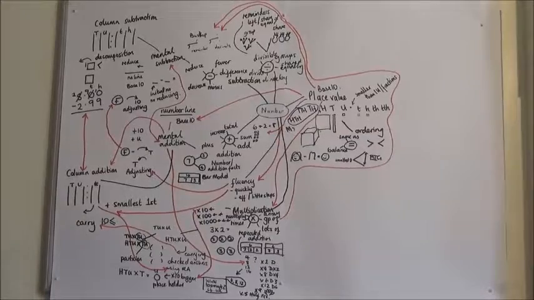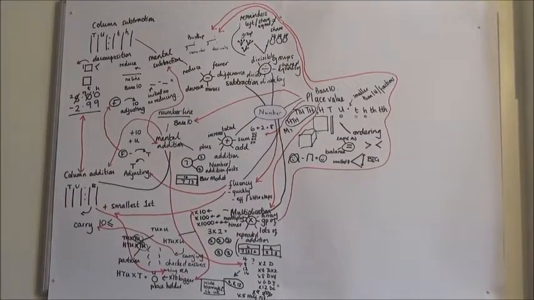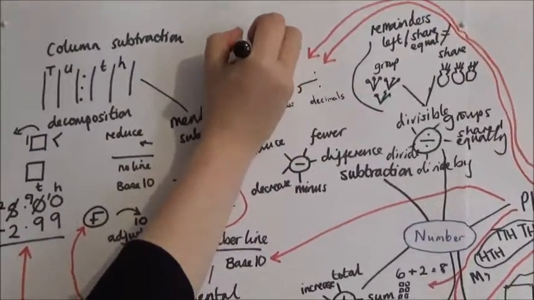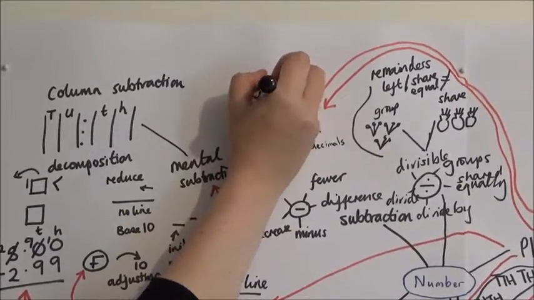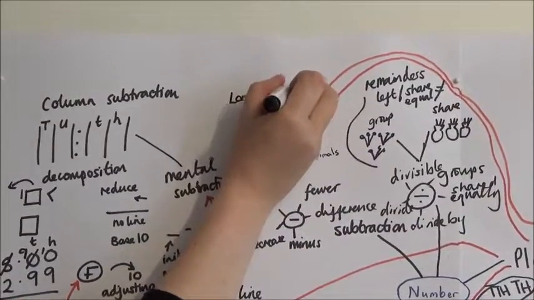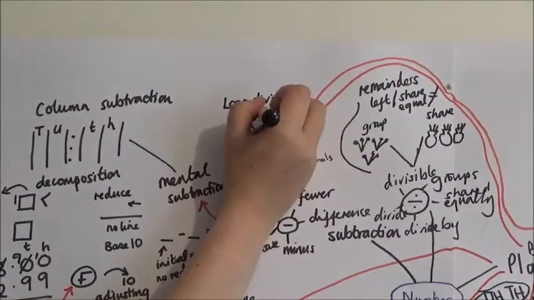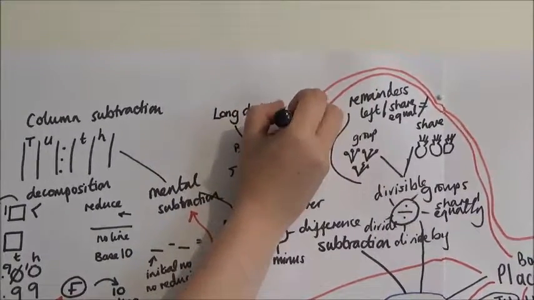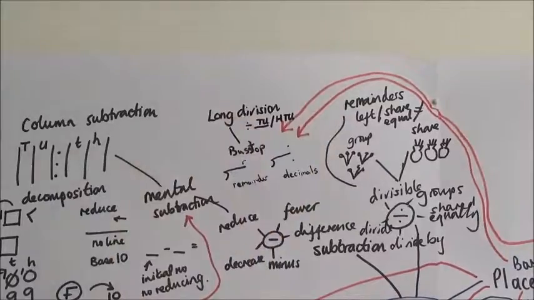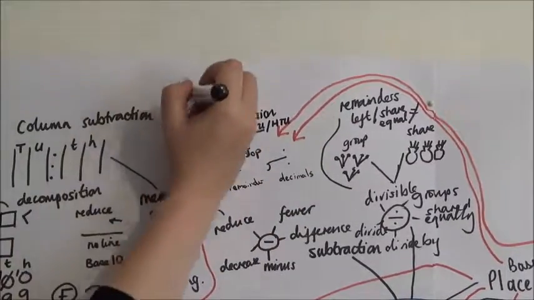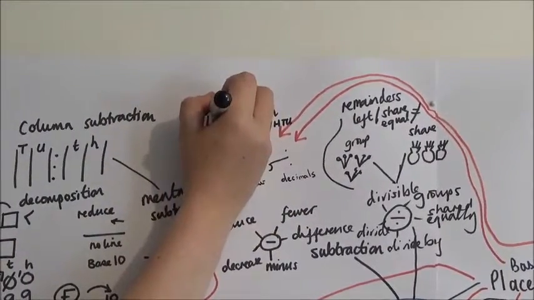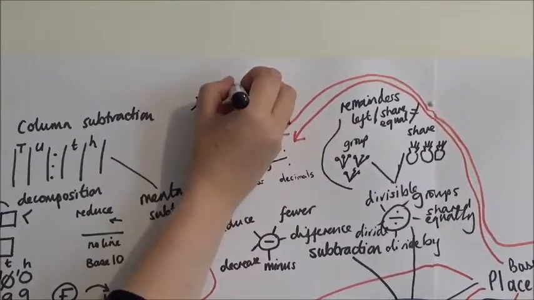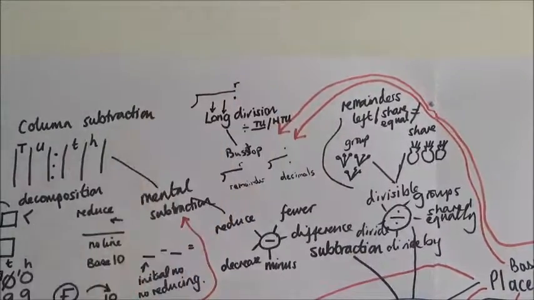Okay, so let's add long division to our number mind map. So, we're going to go off bus stop here. I'm going to put here long division. We use it when the divisible number is a tens and units or it's 100 tens and units. We also use the bus stop method to do it, but remember we were bringing down arrows to help us once we were going along, and we could have remainders or we could have decimals.